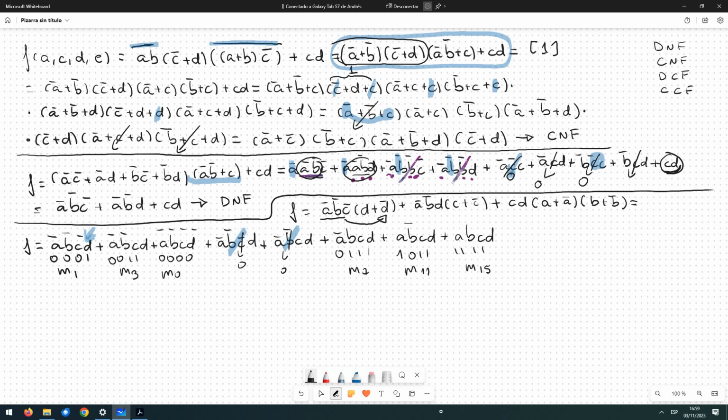So this is the canonical form, the disjunctive canonical form, and we still have to calculate the canonical conjunctive form. But if we have the canonical disjunctive form, it's quite direct, it's quite straightforward. We don't have to do any algebraic manipulation. We have here that the function is the sum of these mean terms.